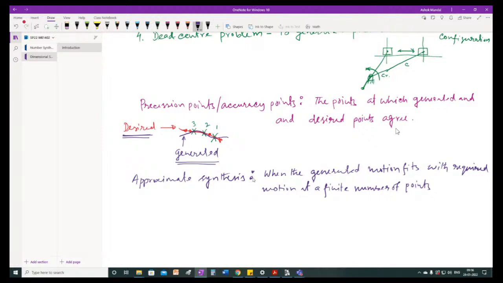Synthesis means the dimensions which we obtain from the requirement.